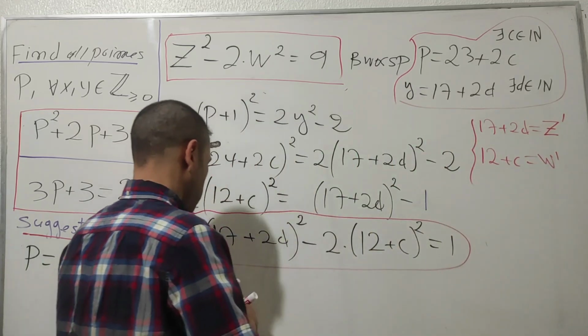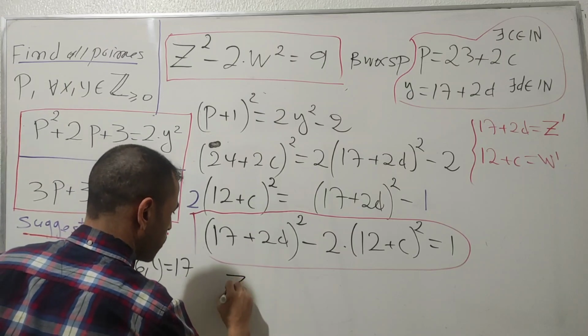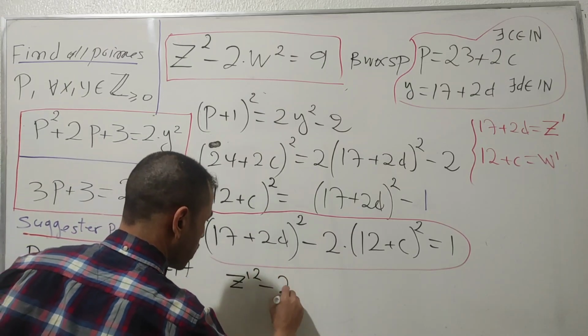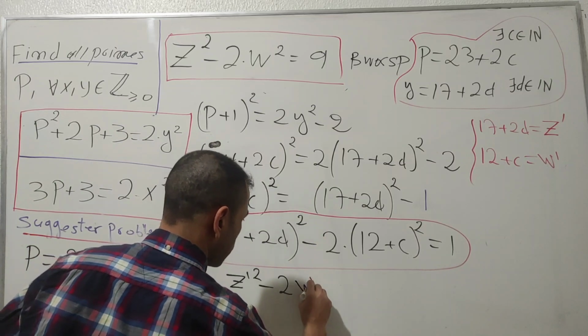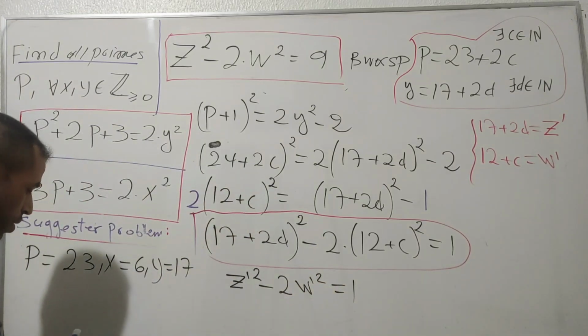So the equation becomes z prime squared minus twice w prime squared, which equals 1. Exactly, this is a Pell's equation.